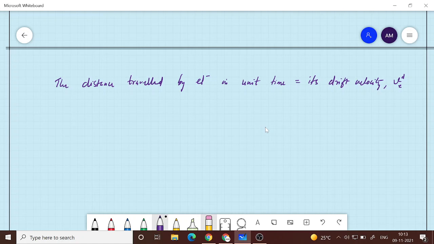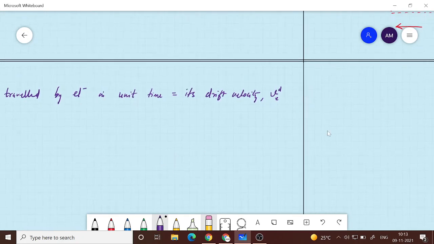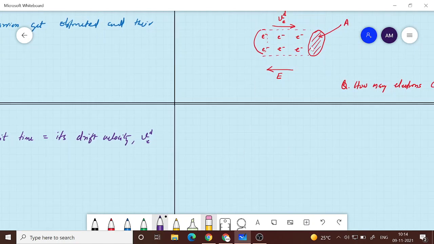All those electrons in this volume form a cylinder with height equal to the drift velocity, and all the electrons inside the cylinder are going to come out through the cross section.